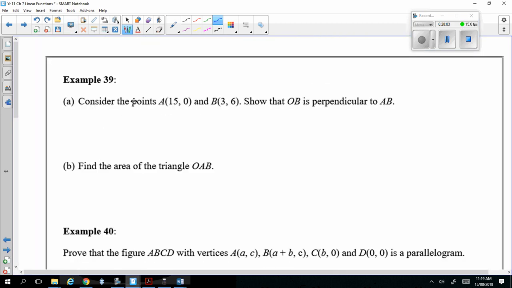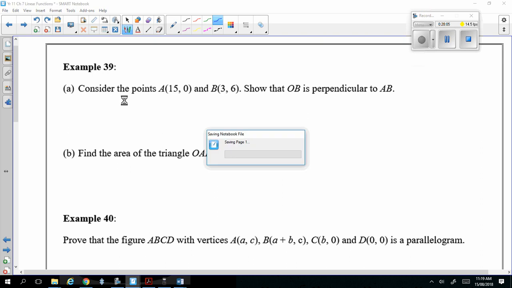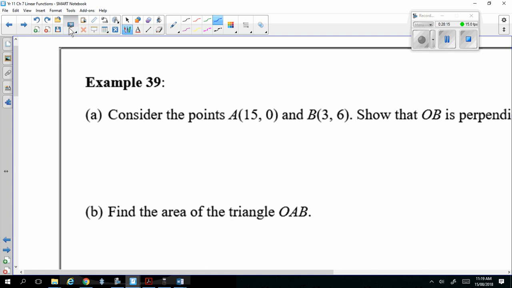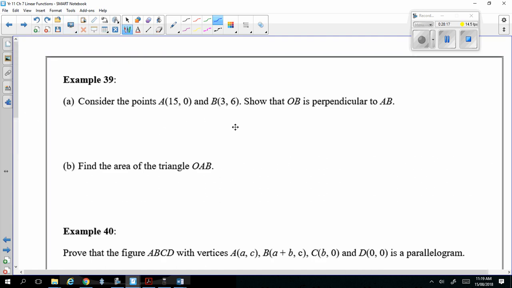Okay. Consider the points. Prove that they are perpendicular. How do I prove things are perpendicular? Product of gradients is -1. Well done. O is the origin. Why don't you do it now? Find the gradient of OB. Find the gradient of AB. See what happens.